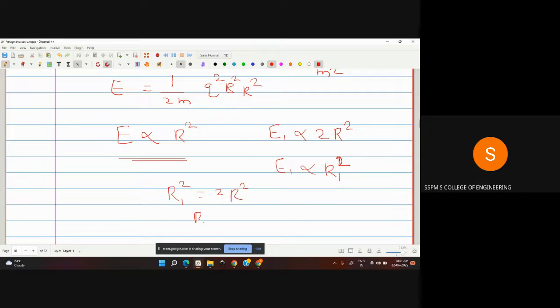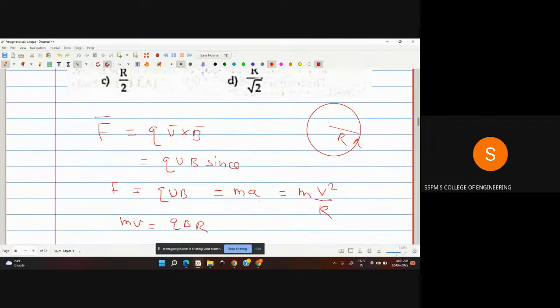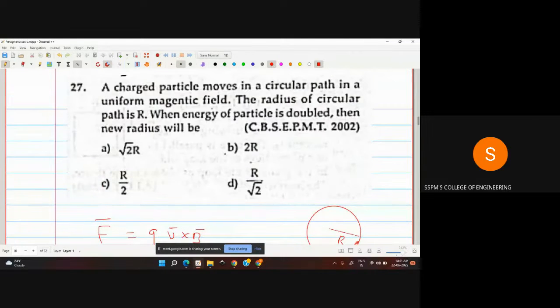So what is the radius of the circular path? If energy is double, it will be root 2 times r. Isn't it? The radius of the circular path, if energy is double, is root 2 into r. हे येणार ऑप्शन.